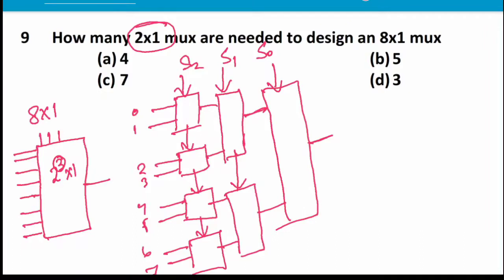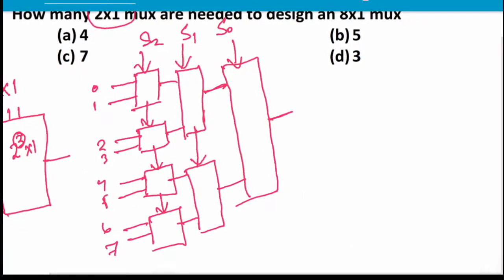So this is the construction of an 8x1 multiplexer using 2x1 multiplexers. So how many multiplexers are used here? Here I have used 1 2 3 4 5 6 and 7. So I have used 7 multiplexers.